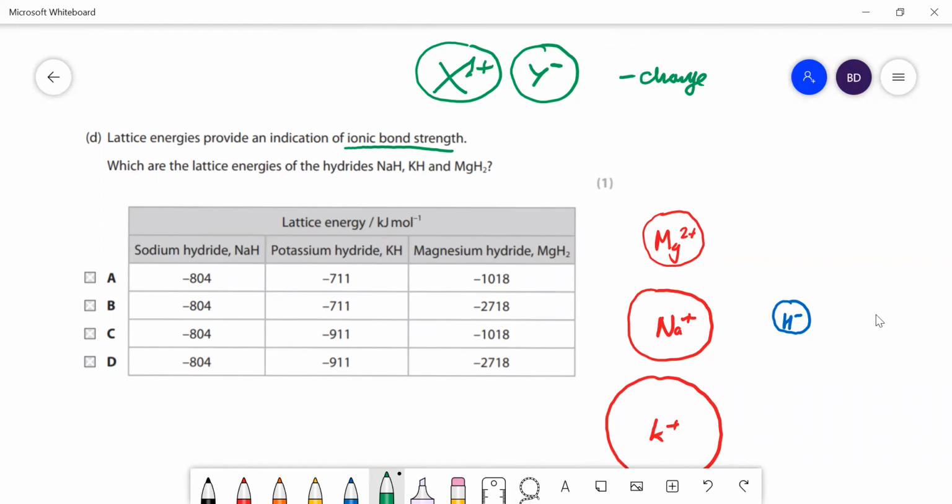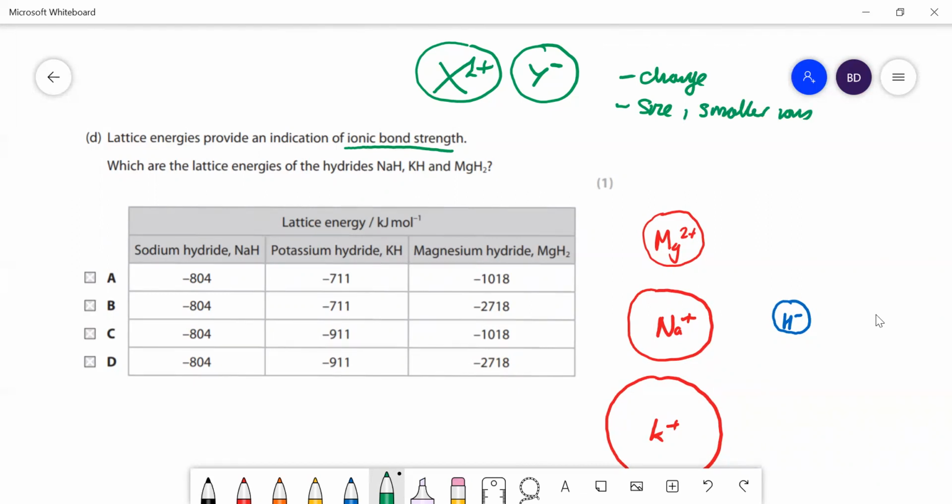If that was a 2 plus rather than a 1 plus, obviously it's going to be a much stronger attraction. The other thing that affects it is the size. Now, the closer the ions can get together, the stronger the attraction between the two charged ions. So it's stronger for smaller ions.